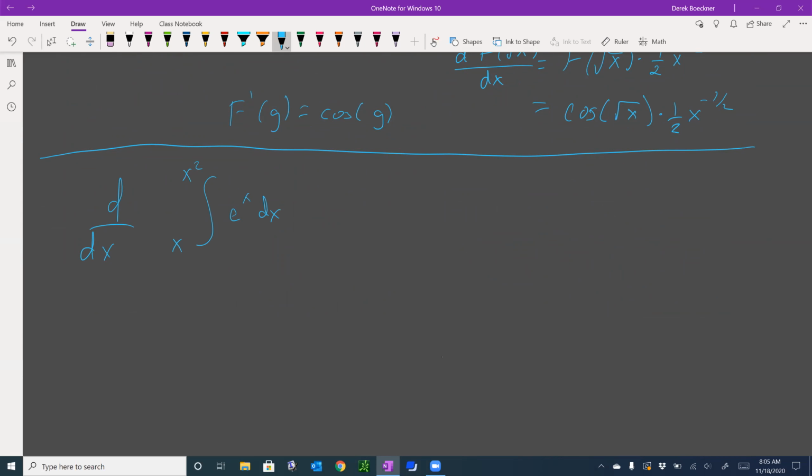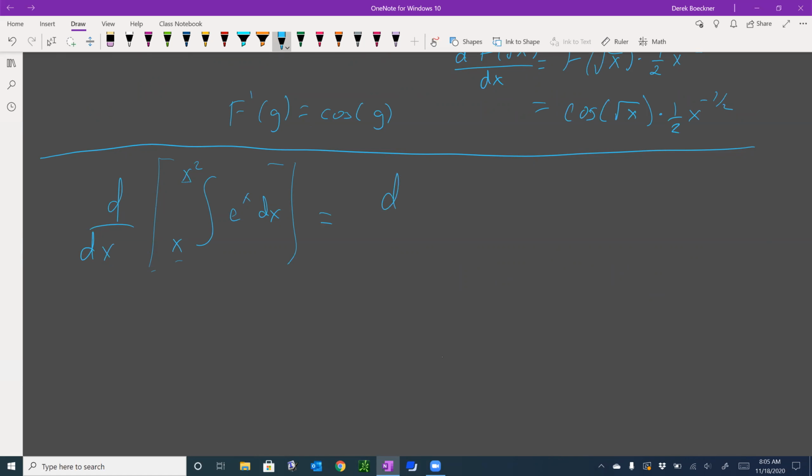Okay, so I've got to rewrite this because right now I've got variables on both ends of the area. So I'm going to rewrite this so that I have a fixed endpoint on the areas.